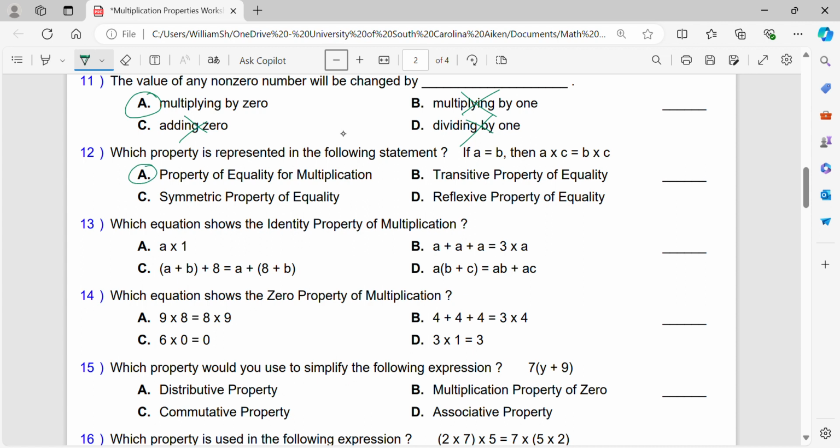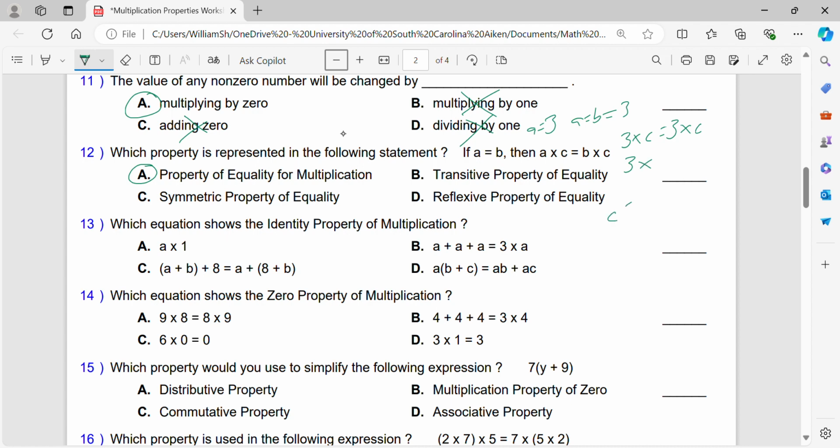If one thing is equal to another thing, then they are the same thing. It doesn't matter what we do to them, they'll render the same result. So if A and B are the same thing, and I multiply both times C, it's still going to give me the same thing. Okay? Let's look at an example. If A is 3, and A is equal to B, that means B also has to be 3, which means that 3 times C is also going to equal 3 times C. And it doesn't even really matter what C is.